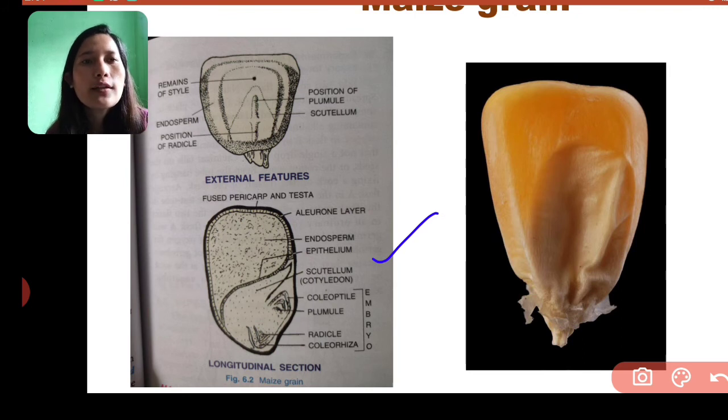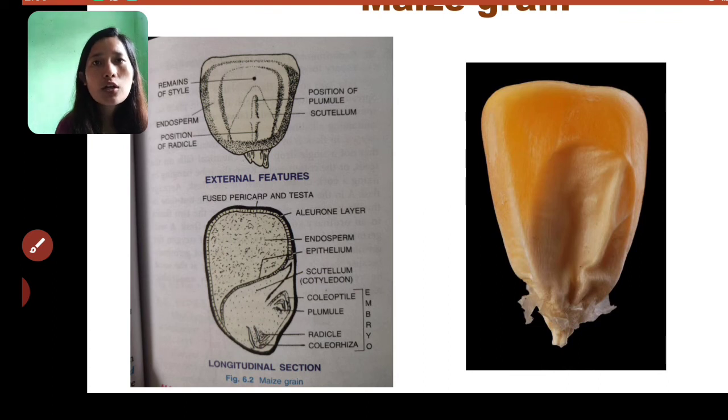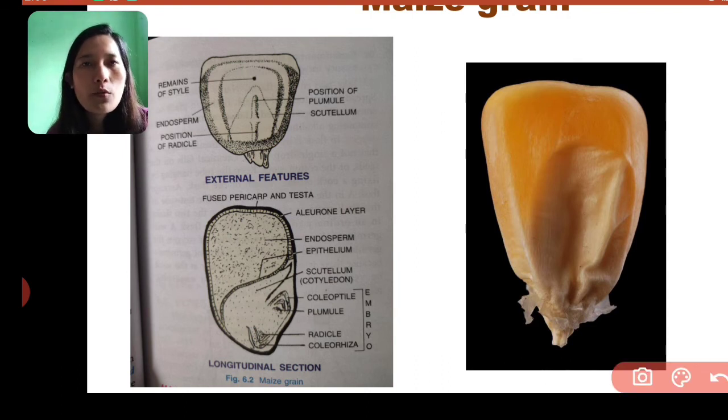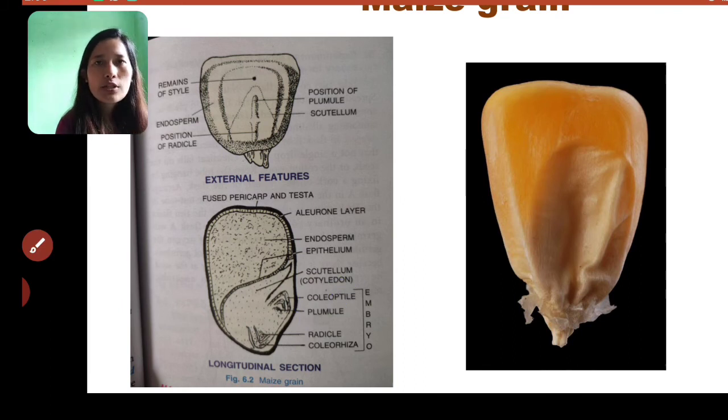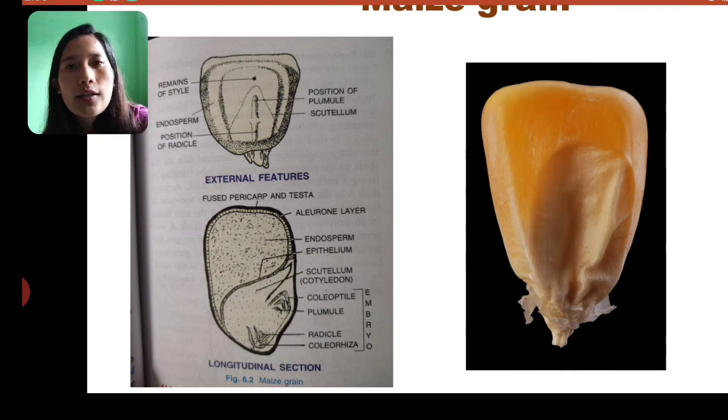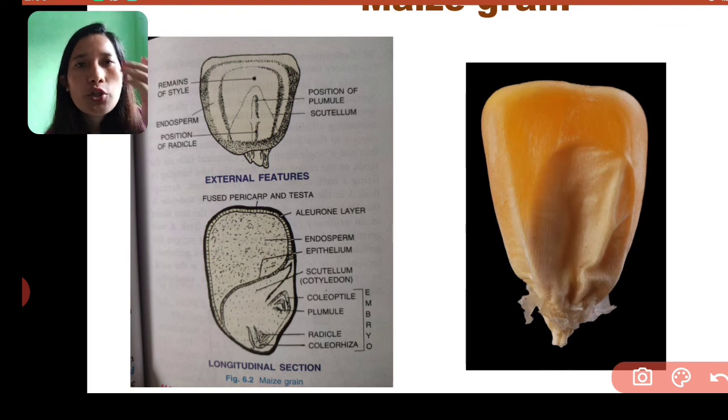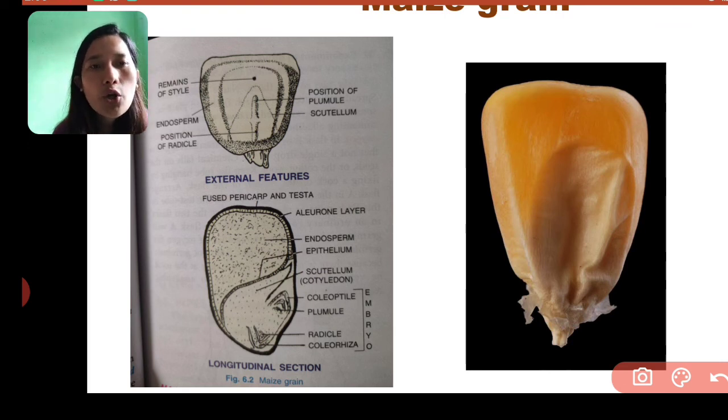The plumule is covered with an outer protective covering called coleoptile. How will you remember which layer covers radicle and plumule? In coleoptile you have P, and in plumule also you have P. So coleoptile is the outer layer which covers the plumule, forming a protective layer. And radicle, which gives rise to the root system, is protected by an outer covering called coleorhiza.